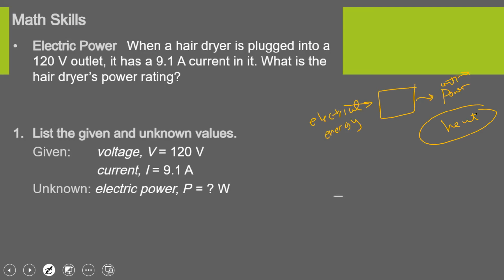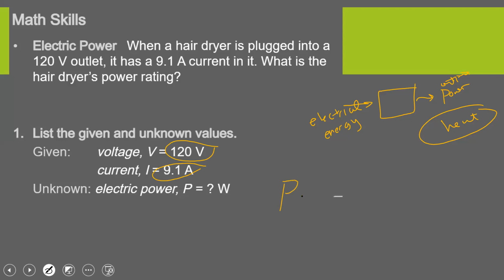So the electrical energy here, the current and the voltage, is when you put the plug of the hair dryer in the home outlet. The voltage is 120 volts, and the current is 9.1 ampere. I want now to find the power.